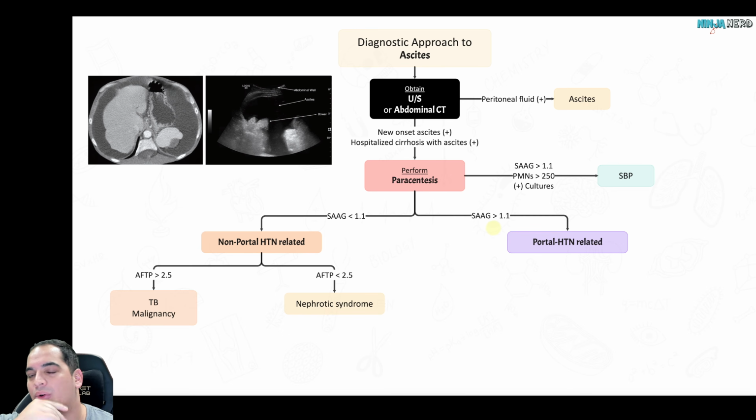Okay. Well, the two big things I have to determine is it cirrhosis or is it not? And that's the most important thing. So what you would do is you would say, okay, what's the ascitic fluid total protein? If it's greater than 2.5, what that tells me is that the ascitic fluid has at least some degree of albumin present in it, a little bit more.